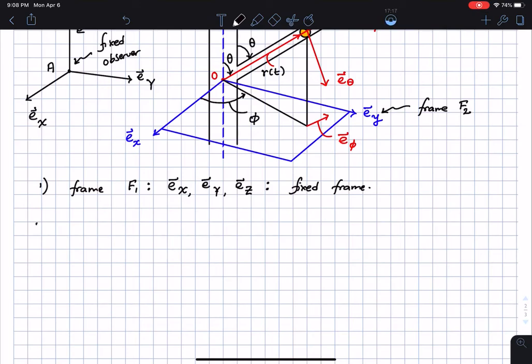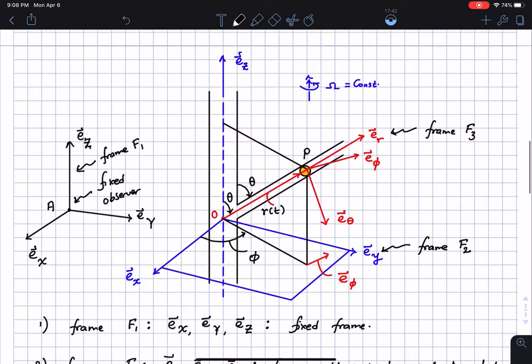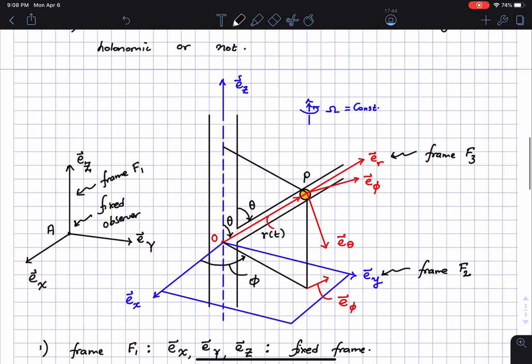Then the second thing is frame F2, which is E little x, E little y, E Z, is a frame attached to the rotating tube, and we know that the tube is rotating at a rate of omega, so I just want to throw that into the mix here.